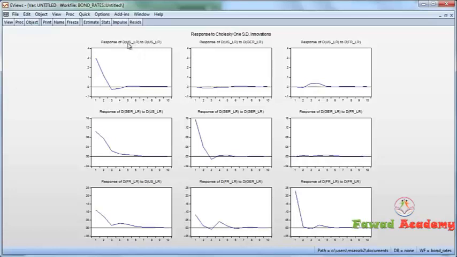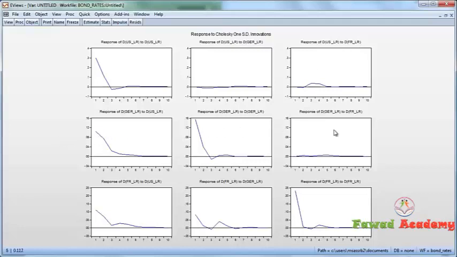What we have is, in the first row, the responses of the change in the US long rate to first shocks in the change of the US long rate, then shocks in the change of the German long rate, and then shocks in the change of the French long rate.